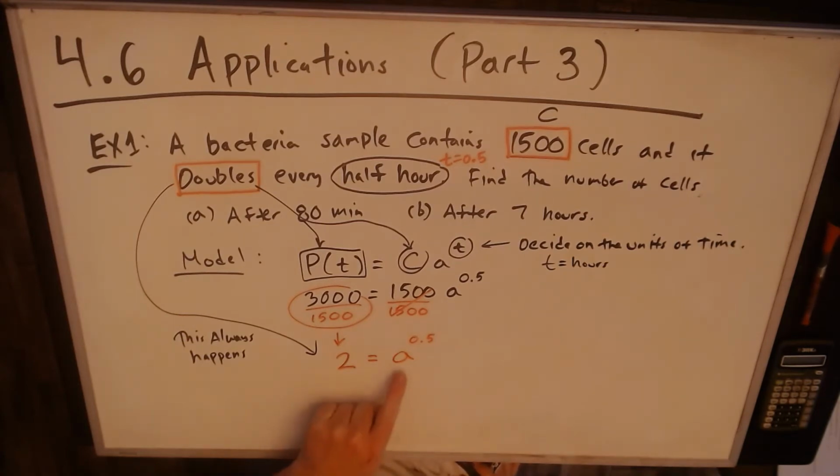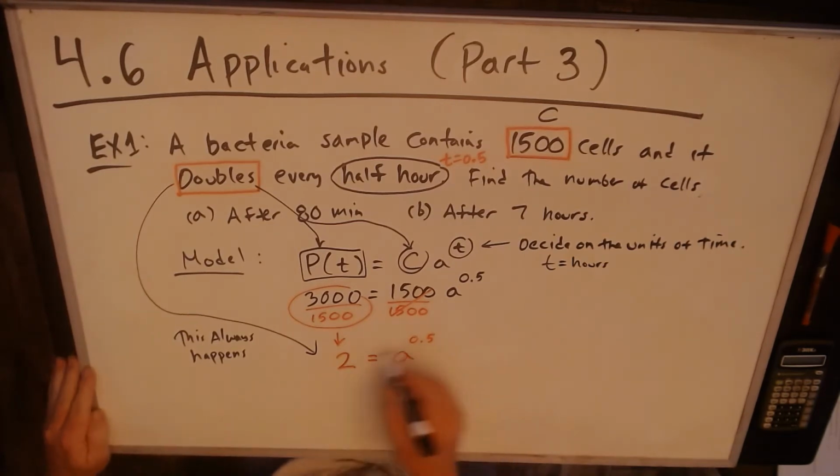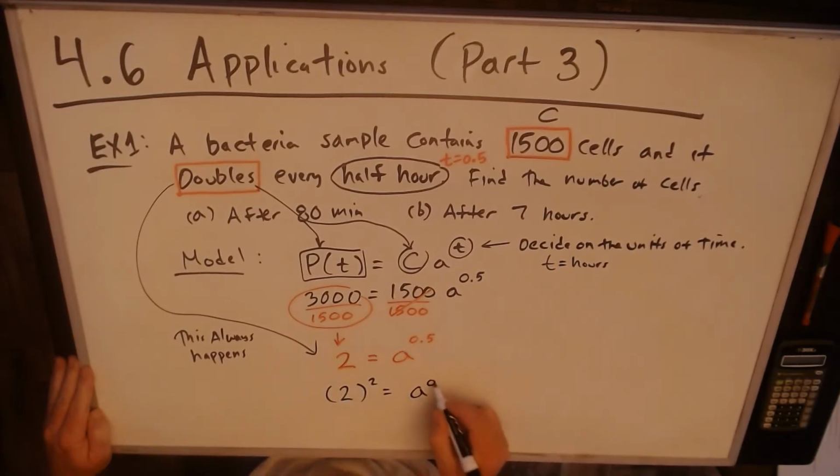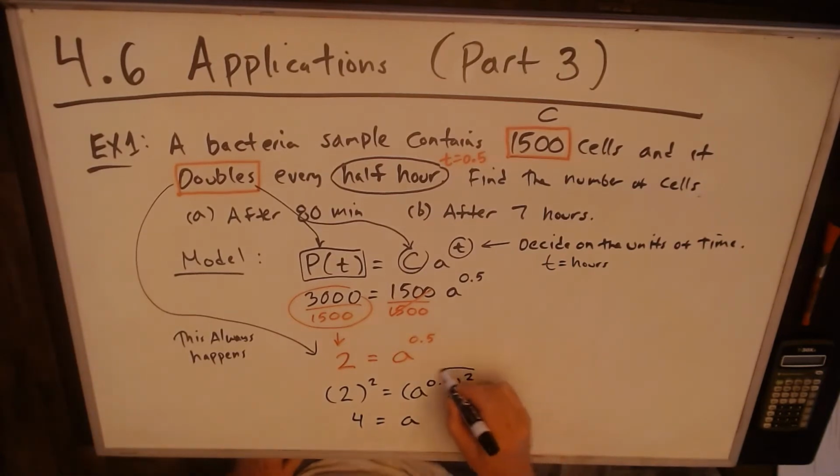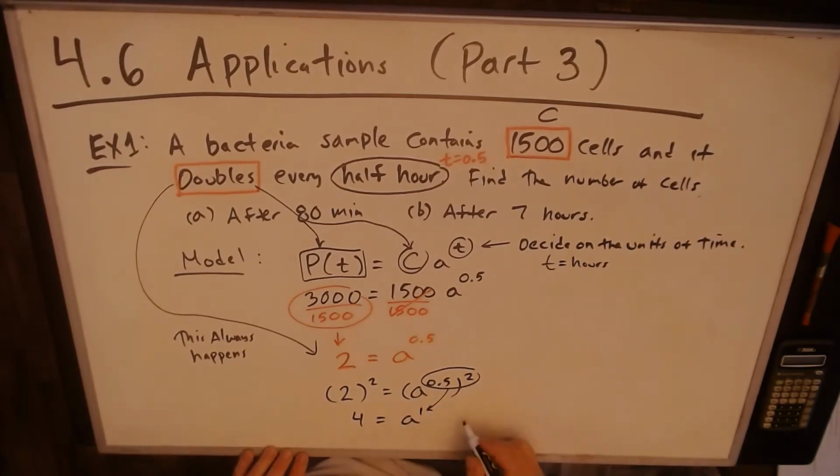Our goal is to solve for A. So we're going to just go ahead and square both sides. So that'll give us A is 4. This is A to the 1, yeah? 0.5 times 2 is 1. So A is 4.